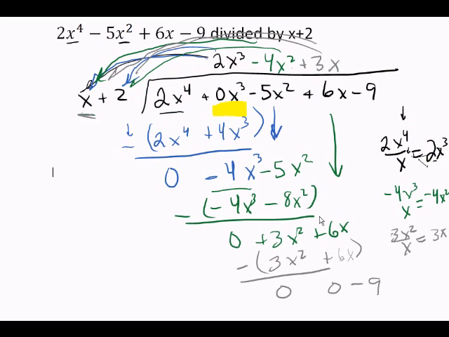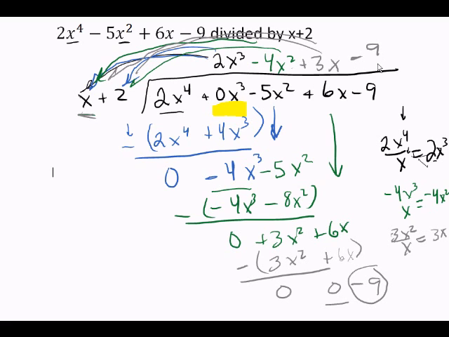That minus 9 comes down. But normally we say, how many times does x go? You know, normally we have an x here, but we don't. How many times does x go into negative 9? It doesn't. So we're actually done. This is the answer, 2x squared minus 4x plus 3.